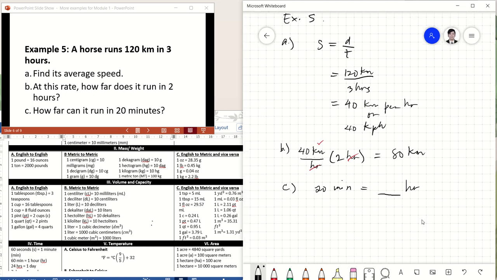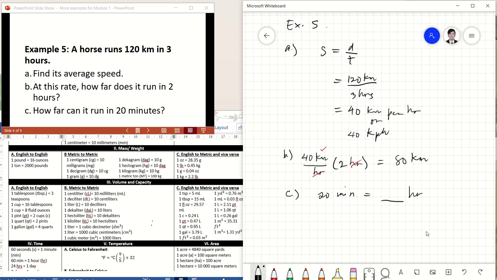So we write first 20 minutes, then minutes to hour: 1 hour is 60 minutes. So minutes will be cancelled out. Then 20 over 60 is just 1/3. 1/3 hour.